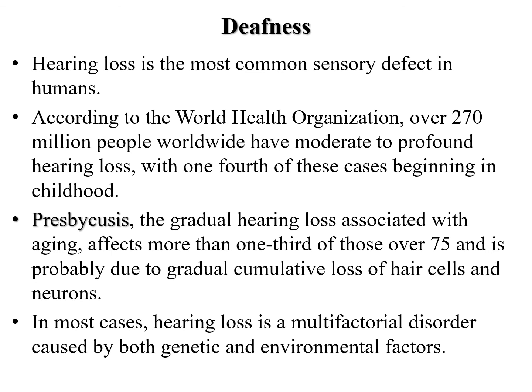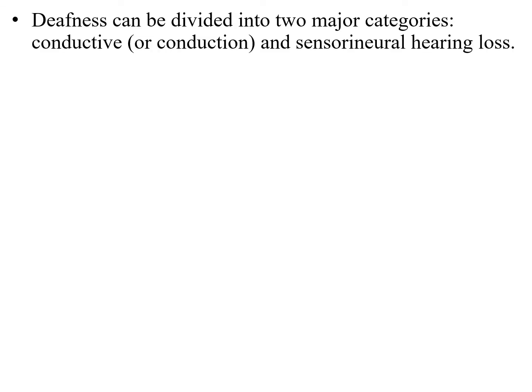Now, in most cases, the hearing loss is rather multifactorial. It can be caused by both genetic or environmental factors. Deafness can be divided into two major categories. It can be either conductive deafness or sensory neural hearing loss.